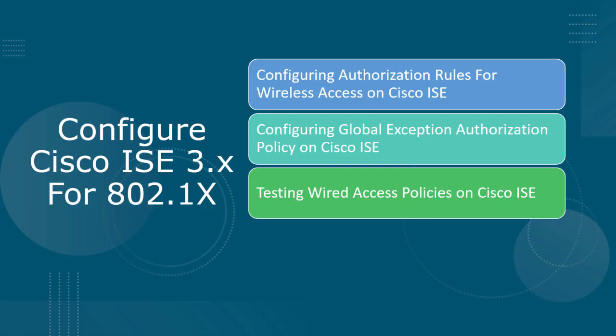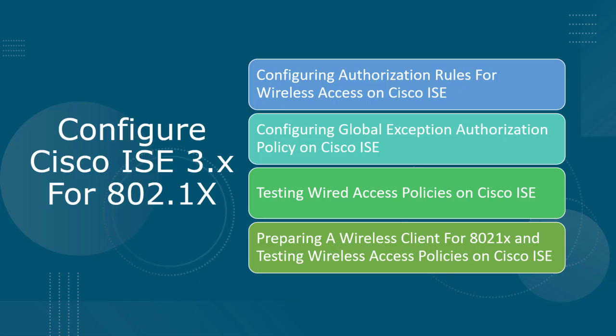And as we have already done the wireless authentication and authorization profiles and rules on our Cisco ISE, we will first prepare a wireless client for 802.1x, and then we will test the wireless access policies that we already configured on our Cisco ISE and understand how it affects the client and how the actual 802.1x happens when we are dealing with and understanding the live logs.